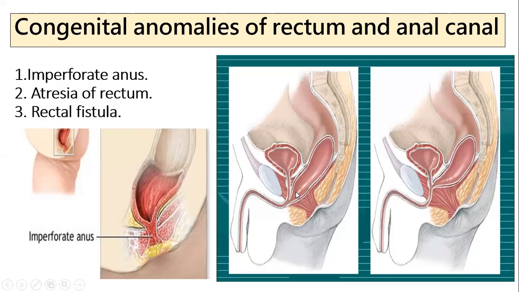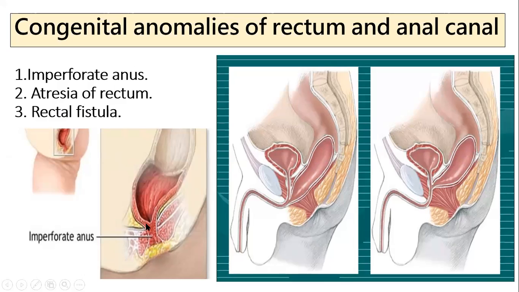This is the rectal fistula, which is opening, instead of into the anal canal, into the urethra. Okay, so sometimes into the prostatic urethra. Here you can see it is opening into the prostatic urethra in some males, and sometimes into the other part of the urethra. Okay, so this is the rectal fistula.